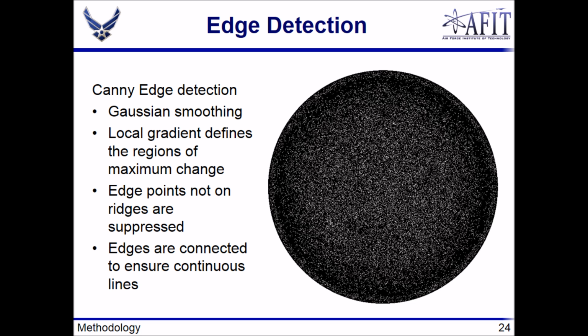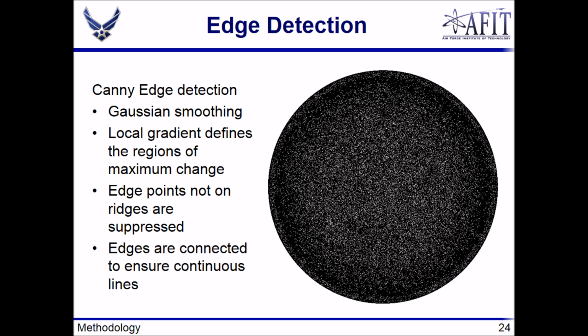And if the gradient meets a certain threshold, then we say, oh, hey, that's part of an edge that we've detected, and that pixel that qualified for the edge is turned on. So it'll be a white pixel, and anything that doesn't qualify is going to be black.